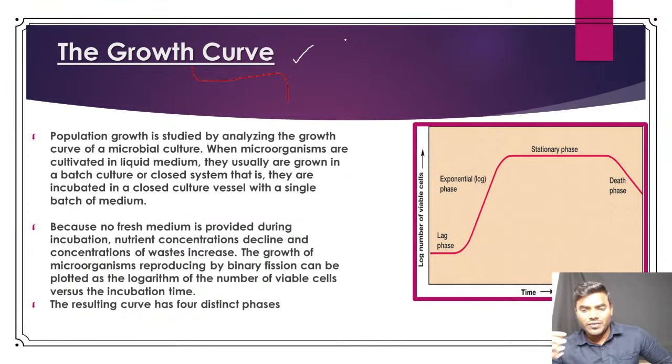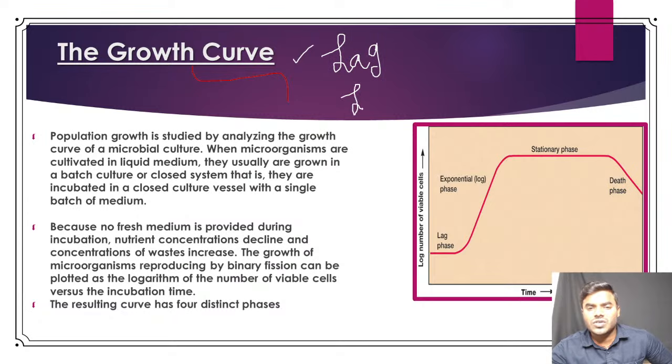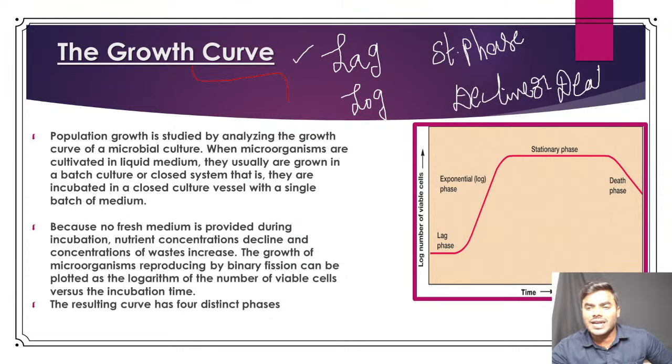That's why when we measure the growth of a microorganism population, we measure it in the form of a microbial growth curve. So friends, this population growth curve has different phases. We can call it the lag phase, the log phase, the stationary phase. There is another phase, friends, the decline phase, also called the death phase.